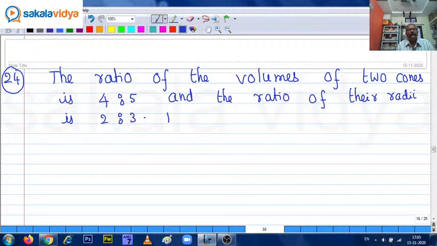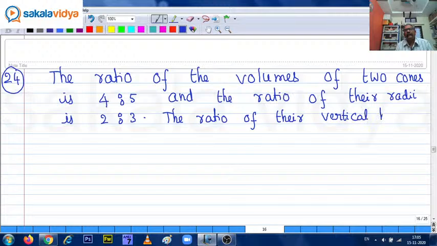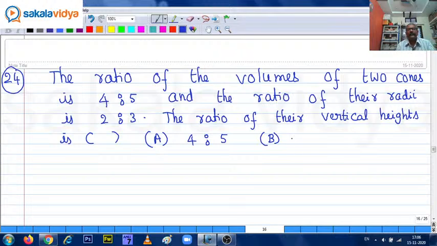The ratio of their vertical heights is: A 4:5, B 9:5, C 3:5, D 2:5.